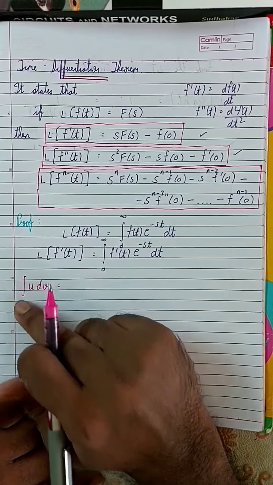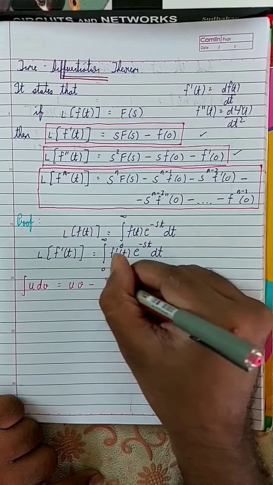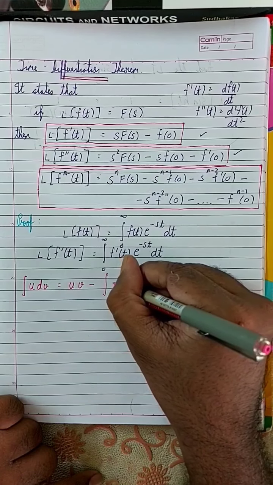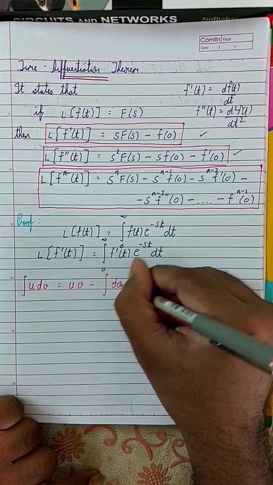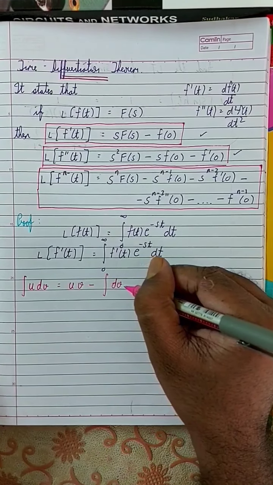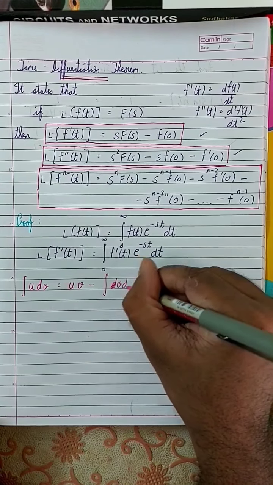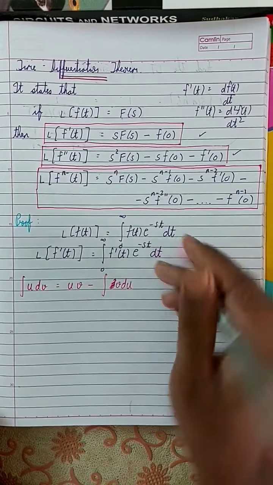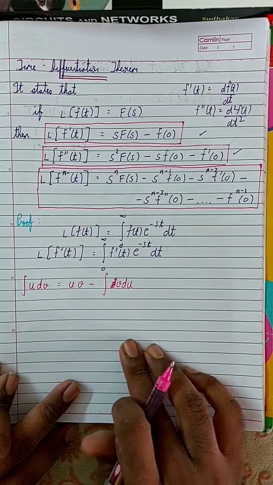The integral of u dv is nothing but uv minus the integral of v du. That's what this equation is.